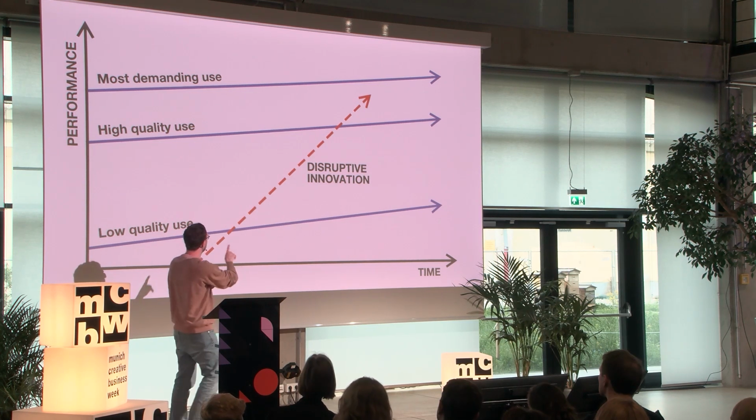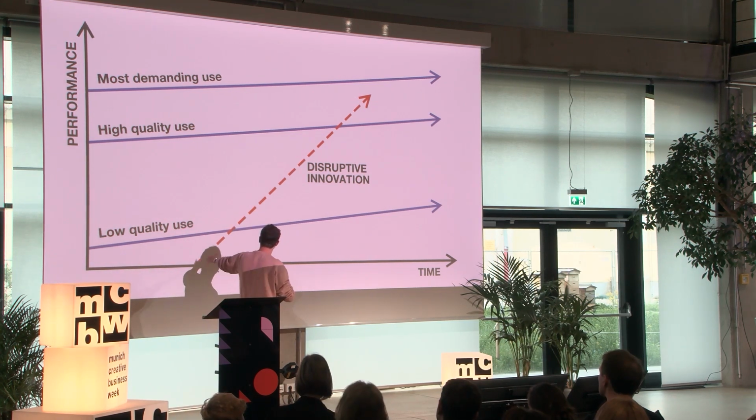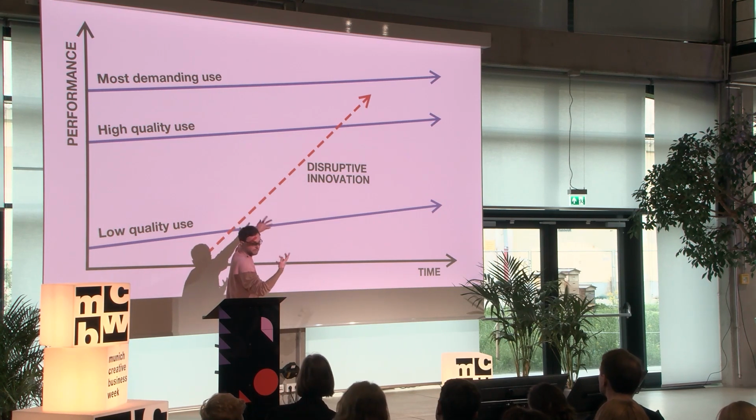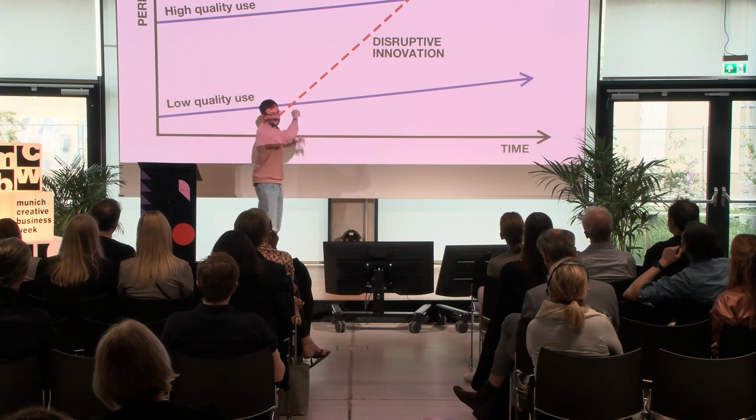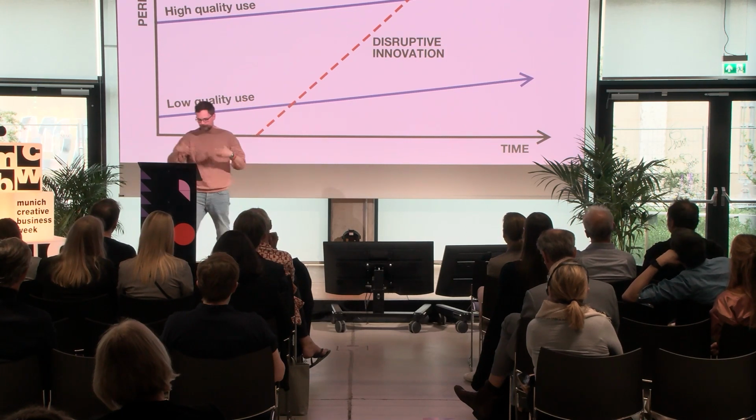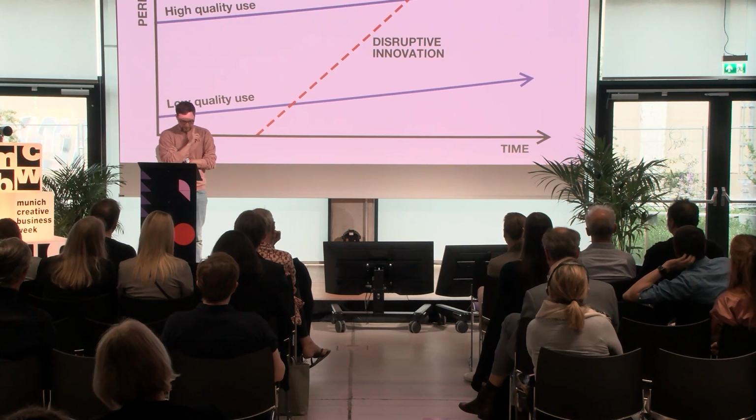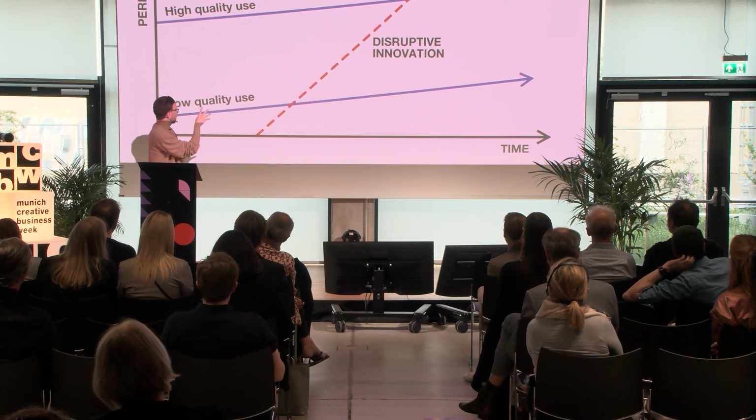And in the theory, it says, well, over time, more and more people will jump ship and go to this very cheap or even free alternative, this disruptive innovation, and then nothing is left for the incumbent company.